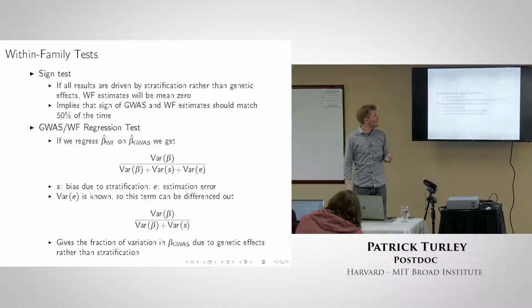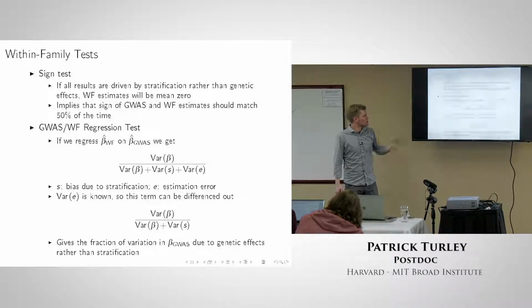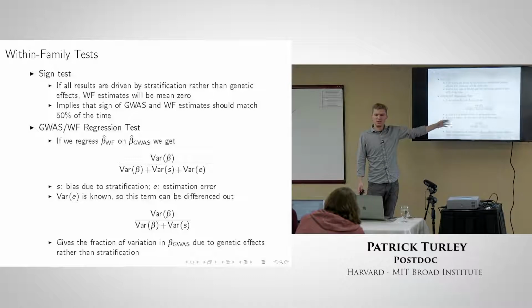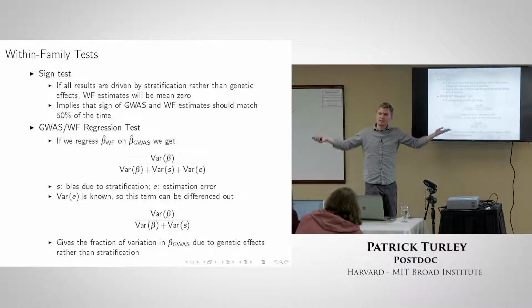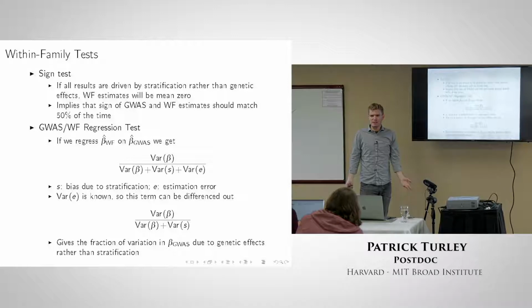Okay, so this is a way we can do these things. We can learn, oh yeah, there is some bias in my estimates because of stratification. But I think it's nice to know it's there, but it's better if we can fix it, right?